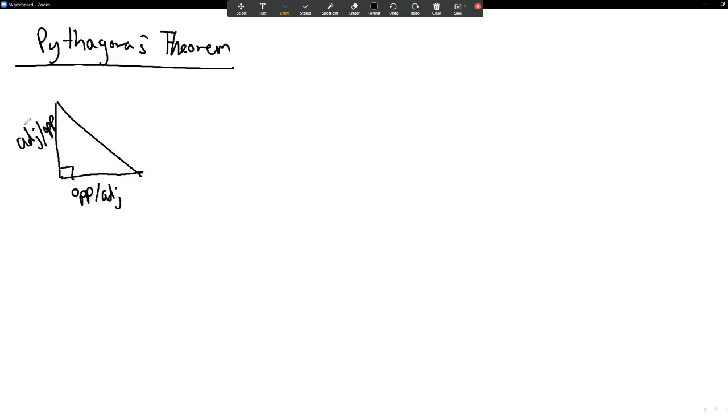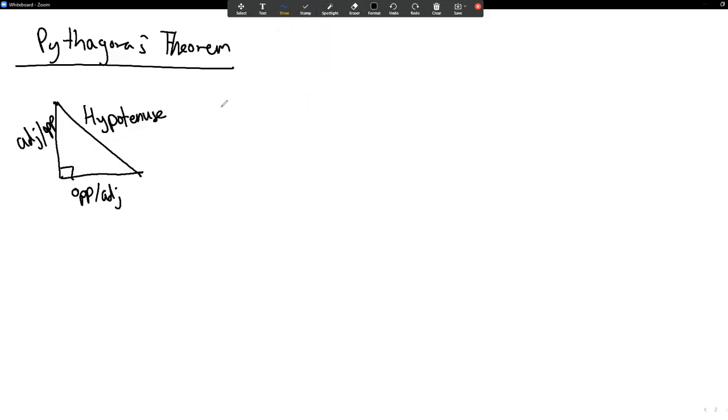We'll look at those later. But the line I want you to focus on is this line, the hypotenuse. The longest line of the triangle is called the hypotenuse. And it's directly opposite from this right angle here. It's the opposite side.